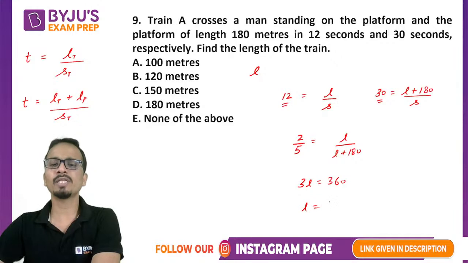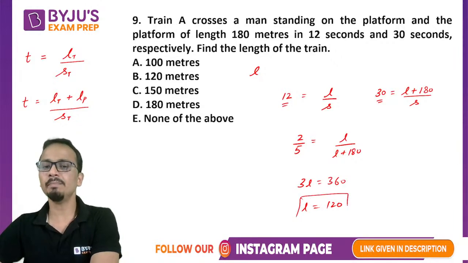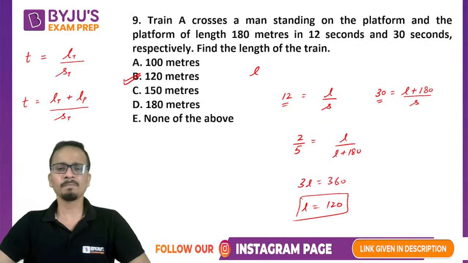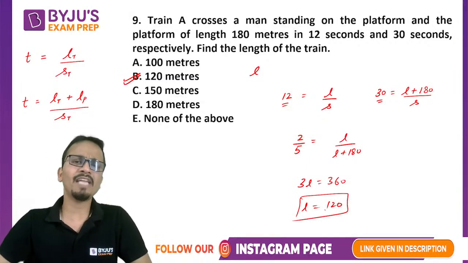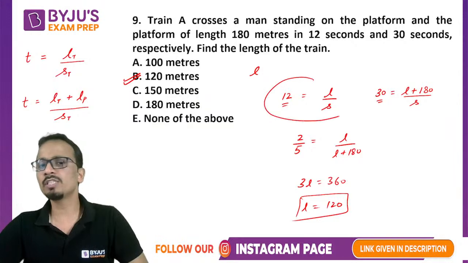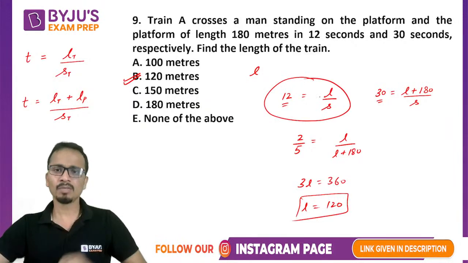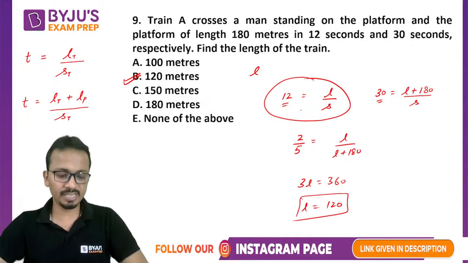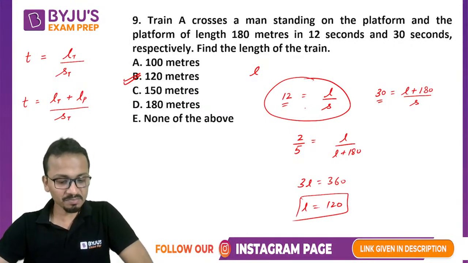So L का value कितना आ जाएगा? 120 meters. So the length of the train here is 120 meters. Now you already have the length of the train. If you substitute the value of L, you will also get the speed of the train if it is asked.